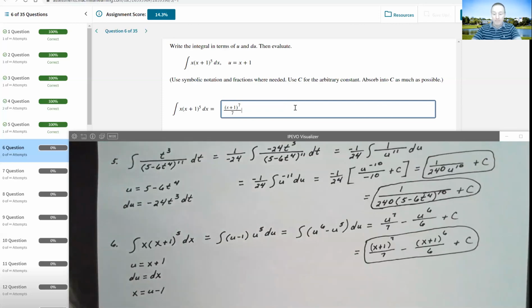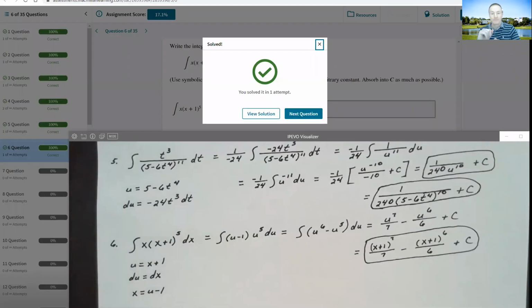And I'll say minus the fraction again, I'll have the group x plus 1 raised to the 6th, and then I'll divide that group by 6, plus the constant of integration. And that should be what they want.